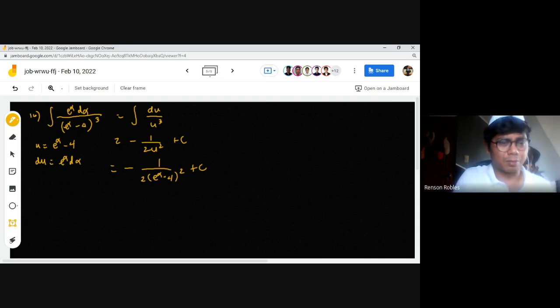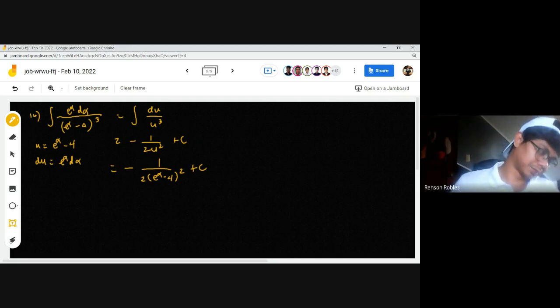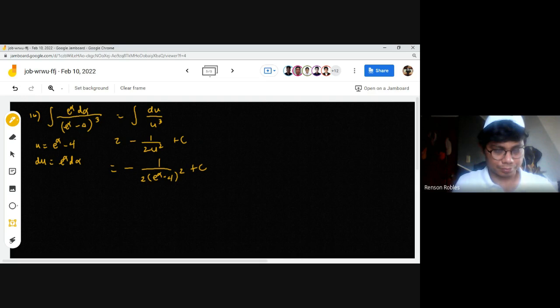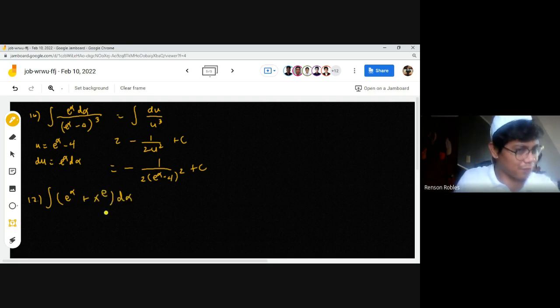17. What else is the form of this? Integral of e to the x plus x raised to e dx, evaluated from 0 to 1. Oh, okay.